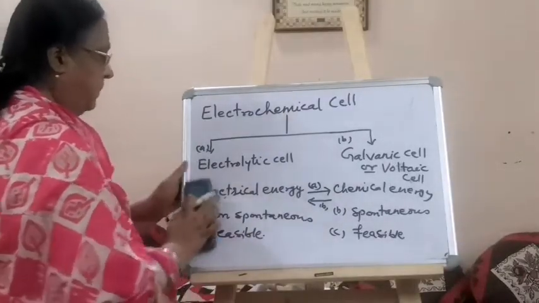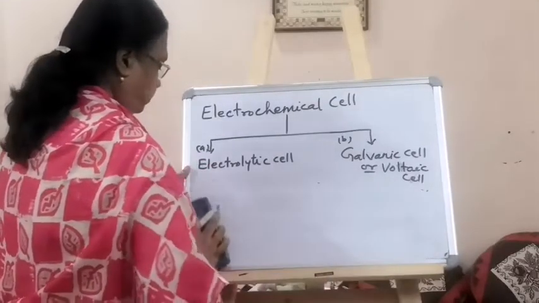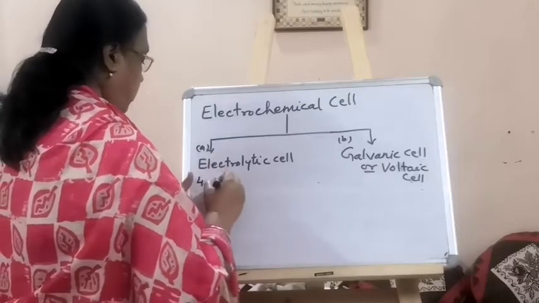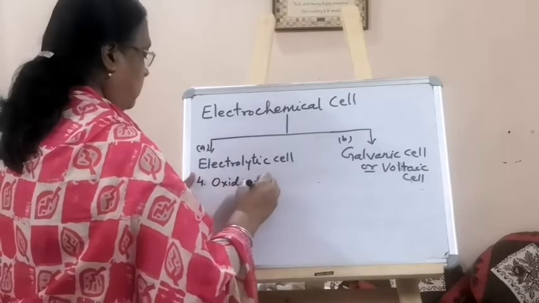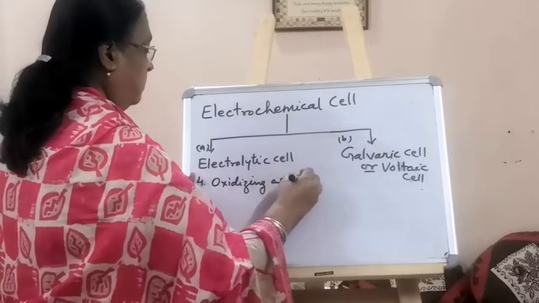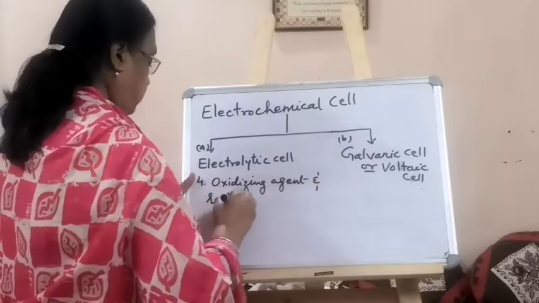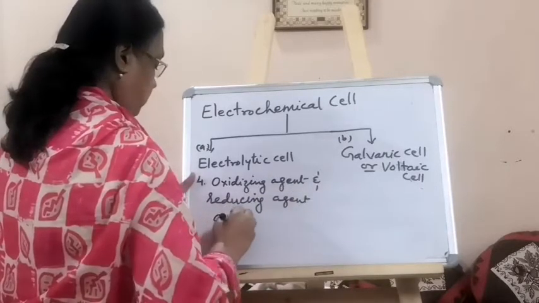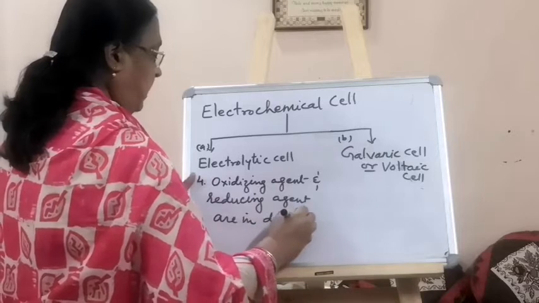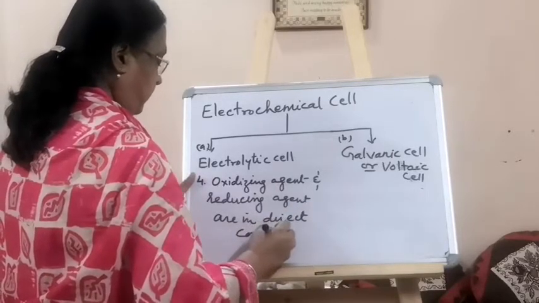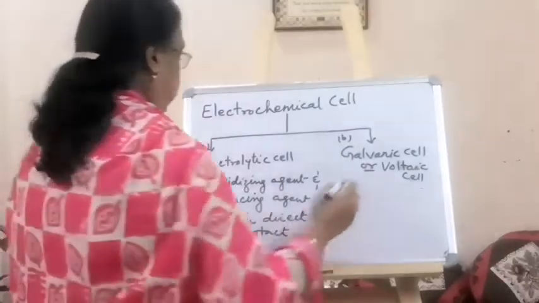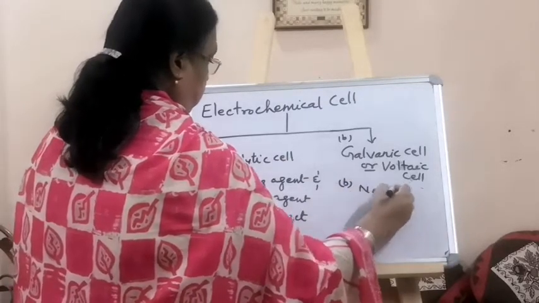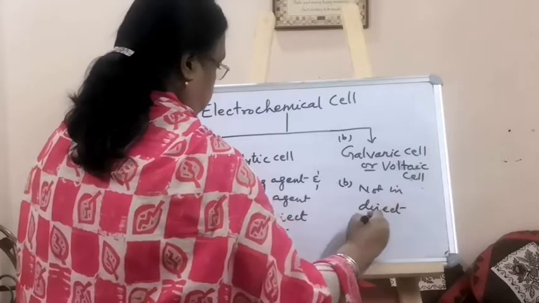Then another point of difference, if we compare the characteristics: the oxidizing agent and reducing agent are in direct contact in A, and in B they are not in direct contact.